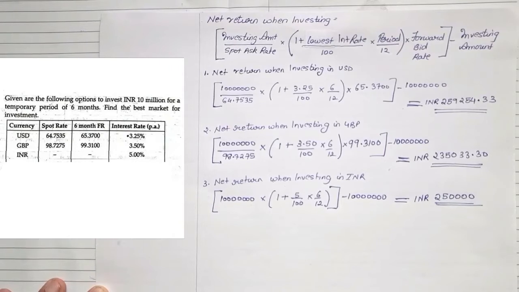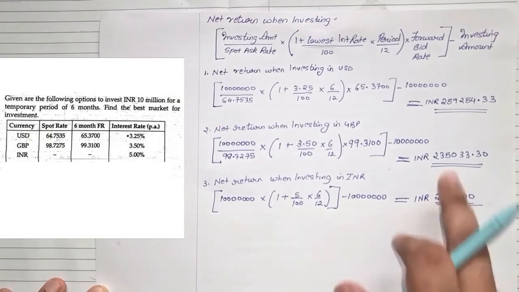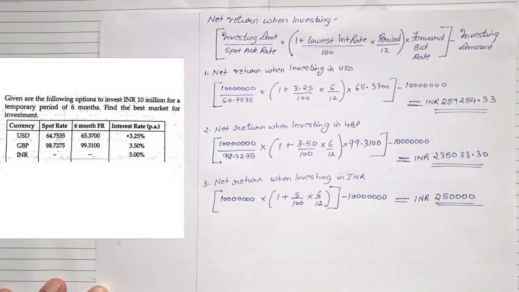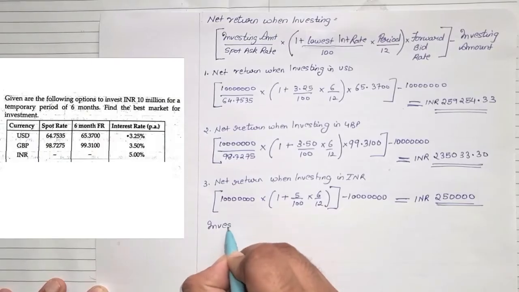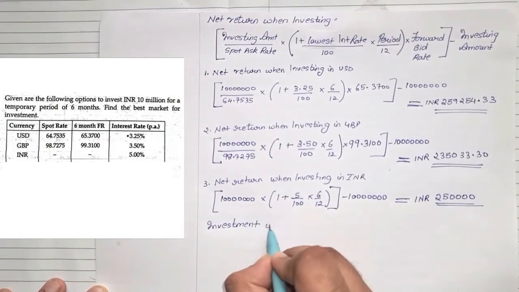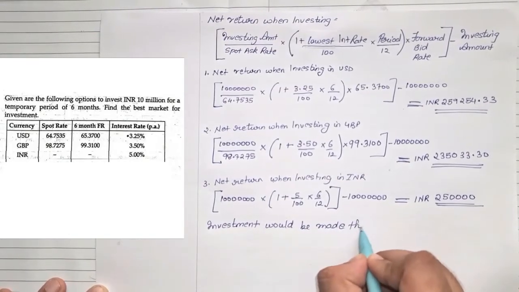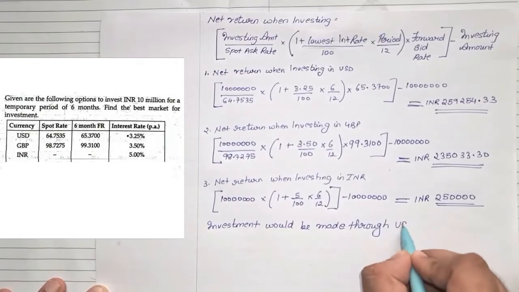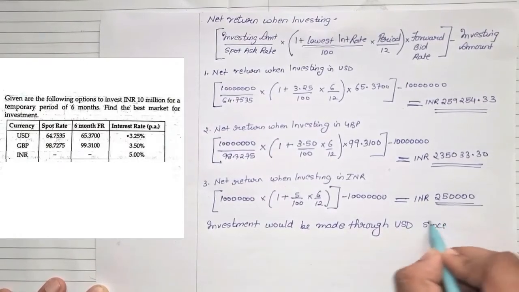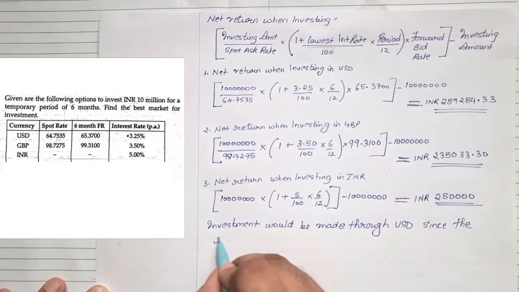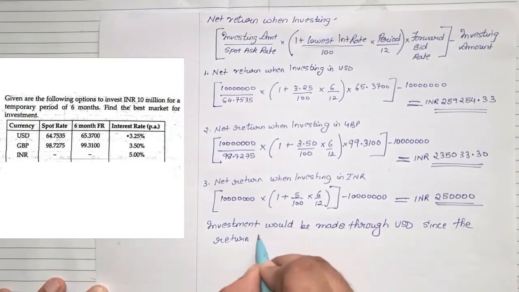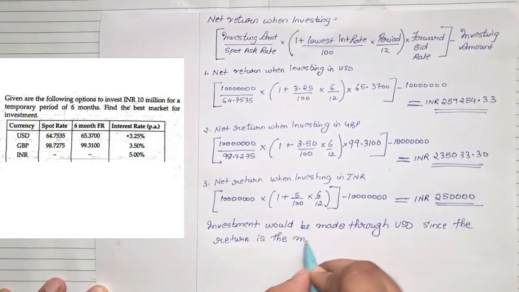Okay. So now based on this, the maximum return is among 250, 235 and 259. So 259 is the highest, that is in USD. So I'll write: investment would be made through USD since the return is the maximum.